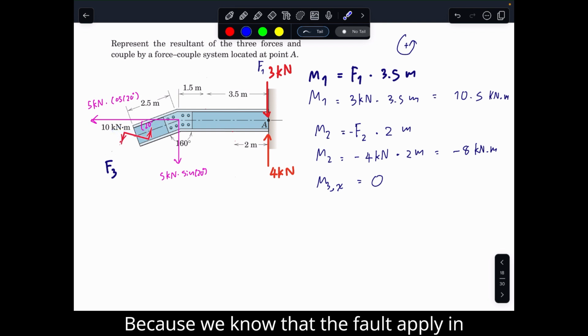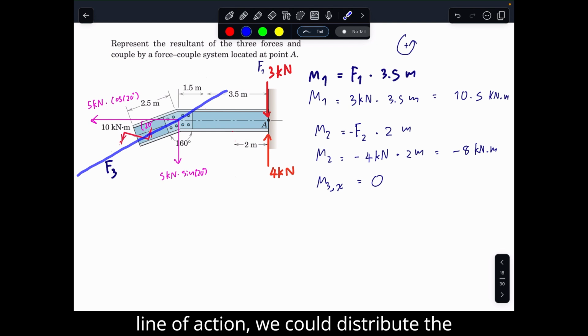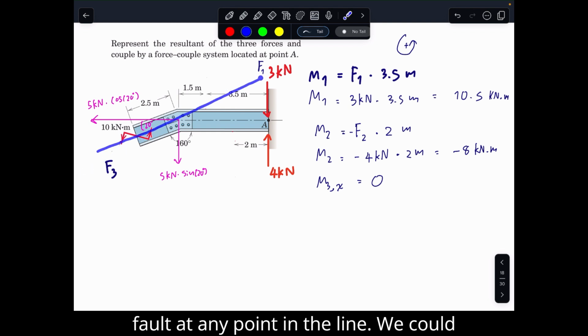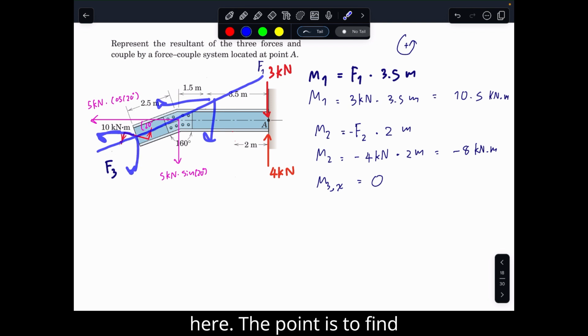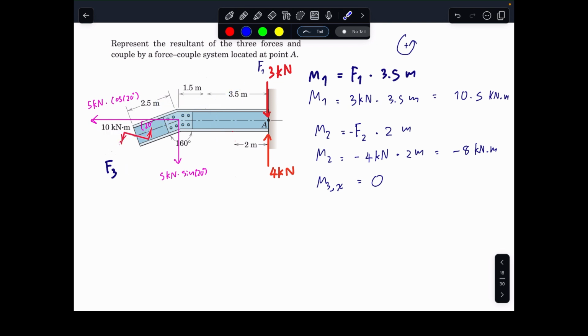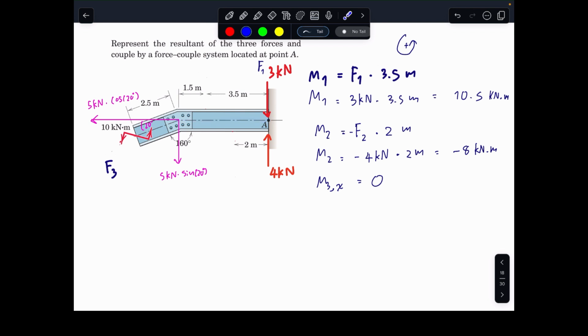We know the force applies along this line of action, so we could distribute the force at any point on the line, here, or here and here. The point is to find the best point to distribute it, giving an easier way to calculate those distributed forces. I select this point because it's more convenient, because it passes through point A.